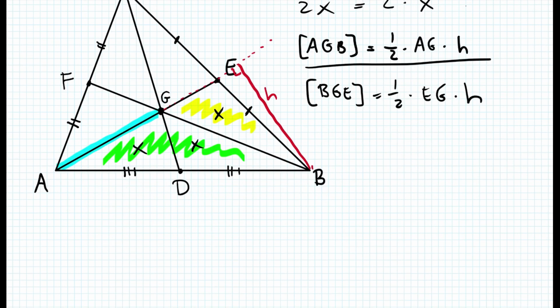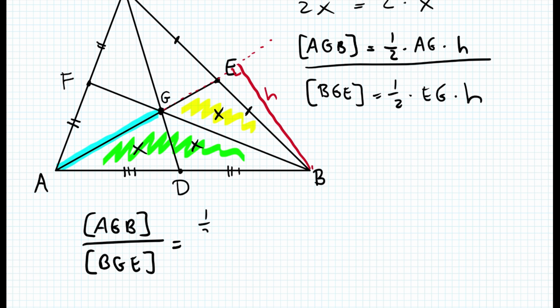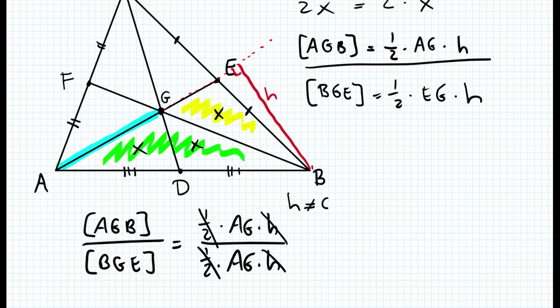So let's do that. Here we have the area of AGB over the area of BGE, which is equal to 1/2 times AG times H over 1/2 times EG times H, okay? First of all, we cancel 1/2. We divide by H because, again, H is not 0 in this case. And we're left with AG over EG.